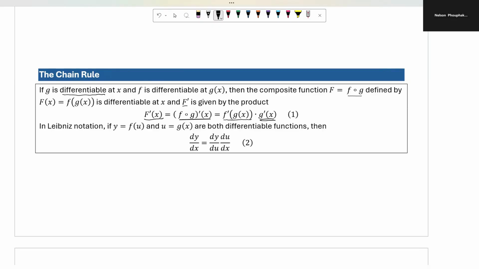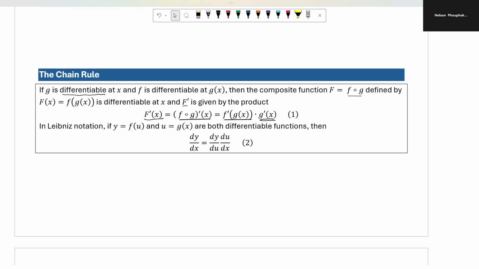In Leibniz notation, if y equal to f of u and u equal to g of x are both differentiable functions, then dy/dx equals dy/du times du/dx. Let's see how we get the Leibniz notation.